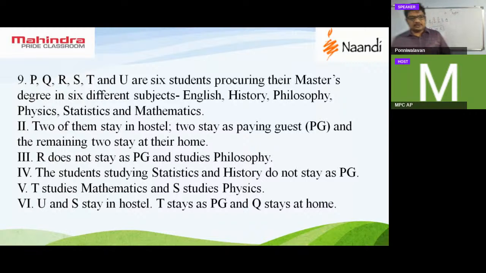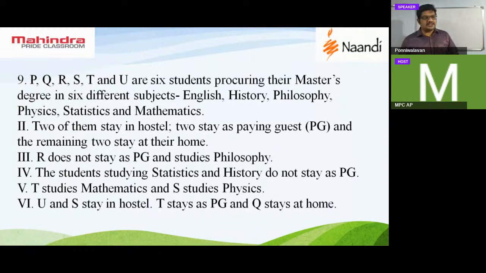Okay, so tell me, how many students are there in total? 6 students. They are studying 6 different courses: English, history, philosophy, physics, statistics and mathematics. In how many places are they staying?